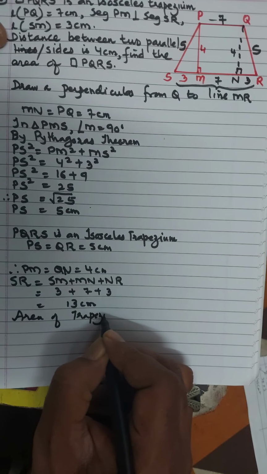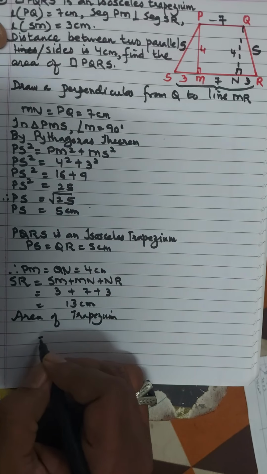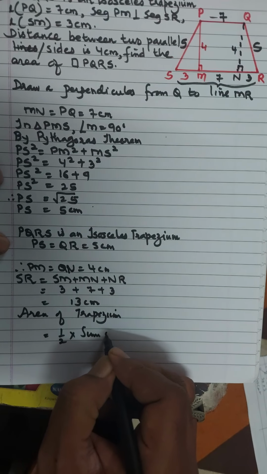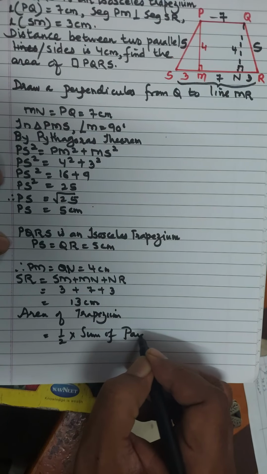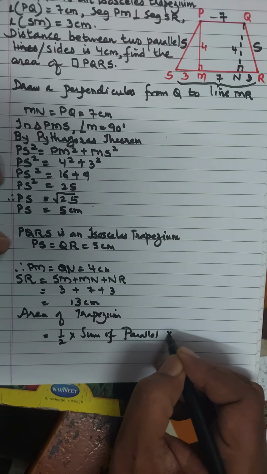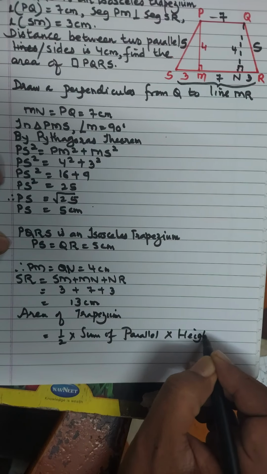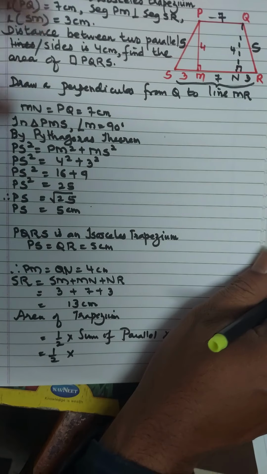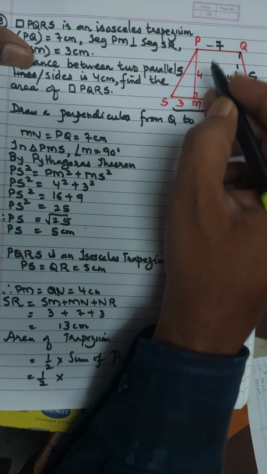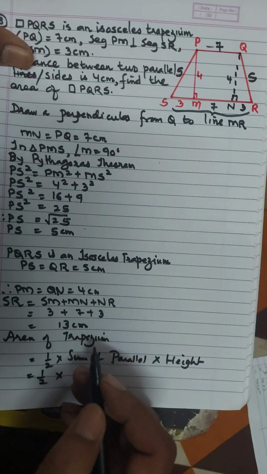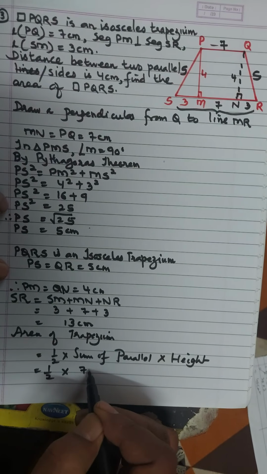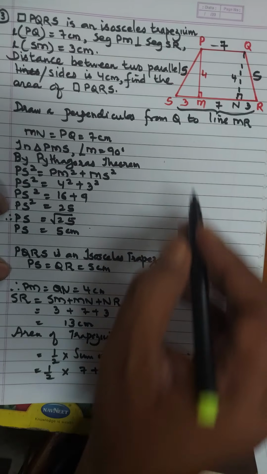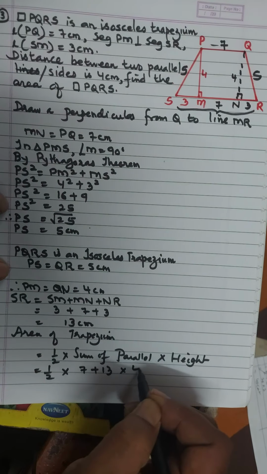We know the formula is 1 upon 2 into sum of parallel sides into height. What are the parallel sides? We already got it: 7 and 13. So 7 plus 13, then multiply by the height, 4.